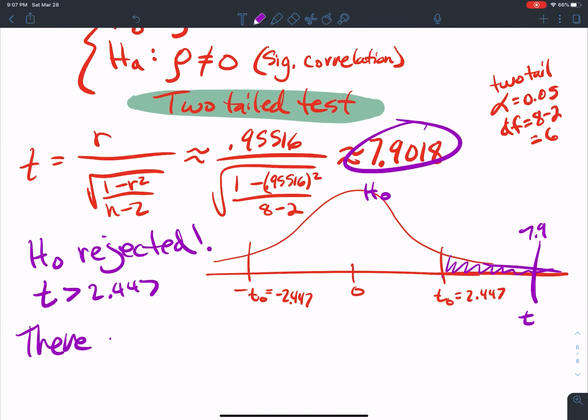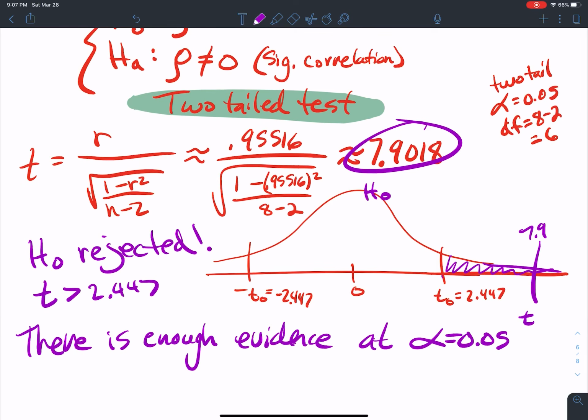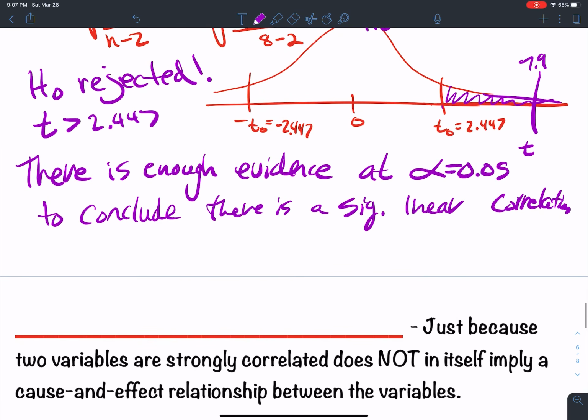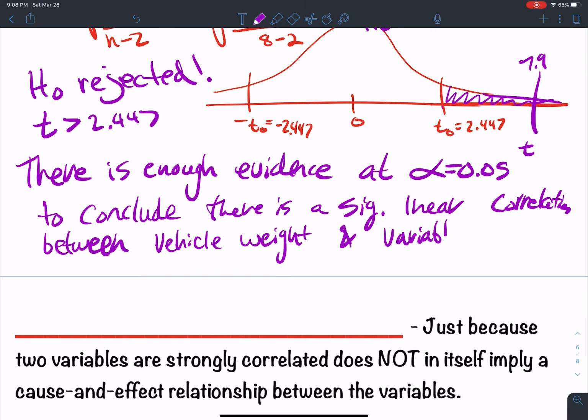That means there is enough evidence at alpha equal to 0.05 to conclude there is a significant linear correlation between vehicle weight and variability in braking distances.